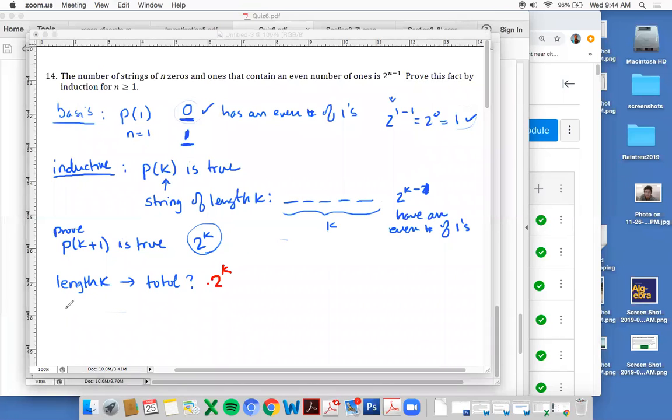Okay, so 2 to the k in total. All right, now let's break them down into the strings that have an even number of ones and the strings that have an odd number of ones, okay? So from here, or just from figuring it out, we know that there are 2 to the k minus 1 strings of length k that have an even number of ones.